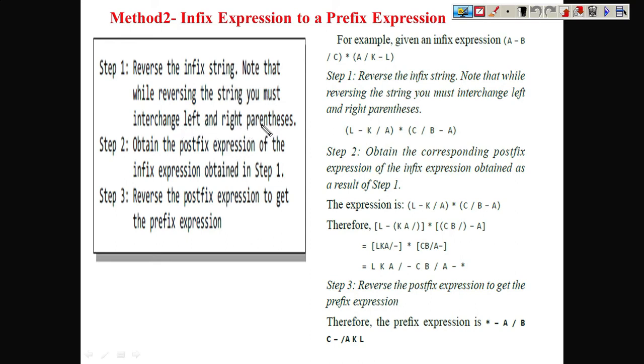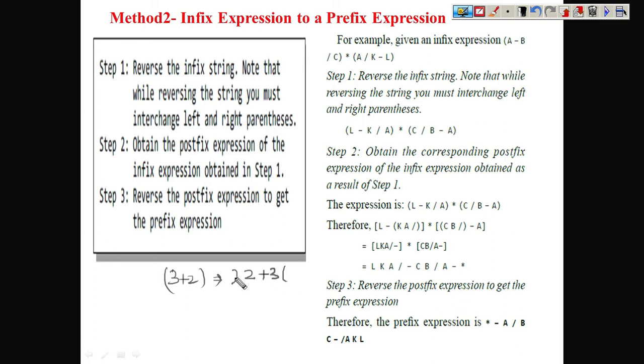Whatever string is given to us, you need to simply reverse it. But keep in mind, for example, when I say 3 plus 2, you need to reverse this. When you reverse, you may be considering that reversing means you will get 2 plus 3.